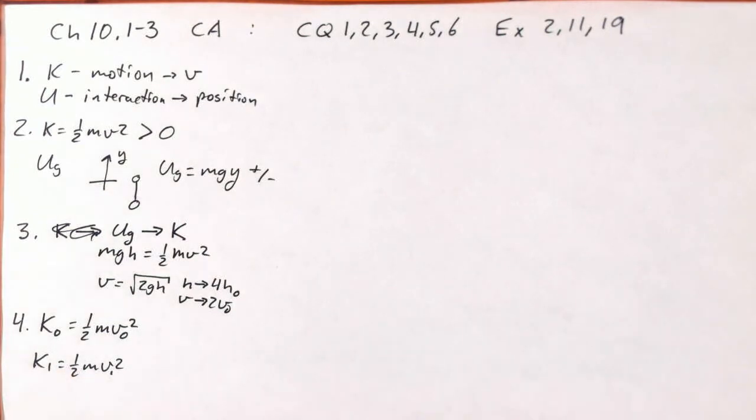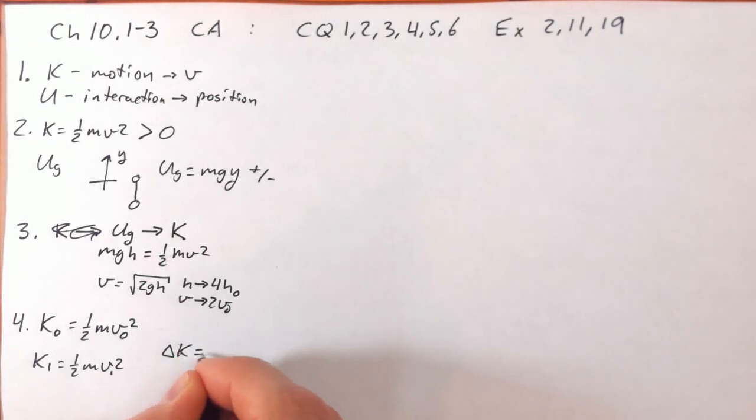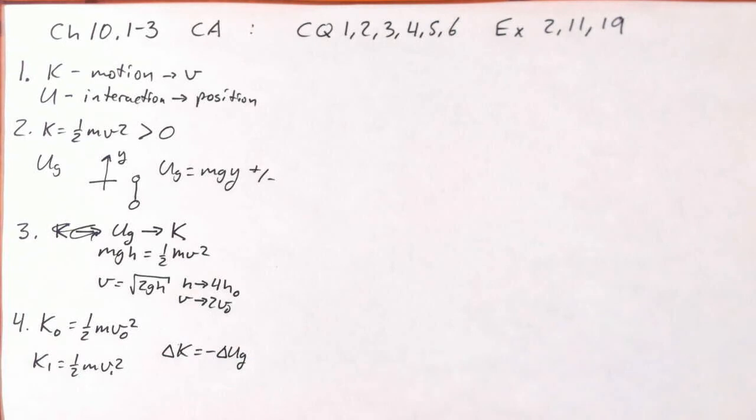Well, that's a change in kinetic energy, and if we choose the Earth to be inside our system, then that change in kinetic energy is going to be equal to the negative change in gravitational potential energy. And they all start at the same height, so this is equal to negative mg delta y.